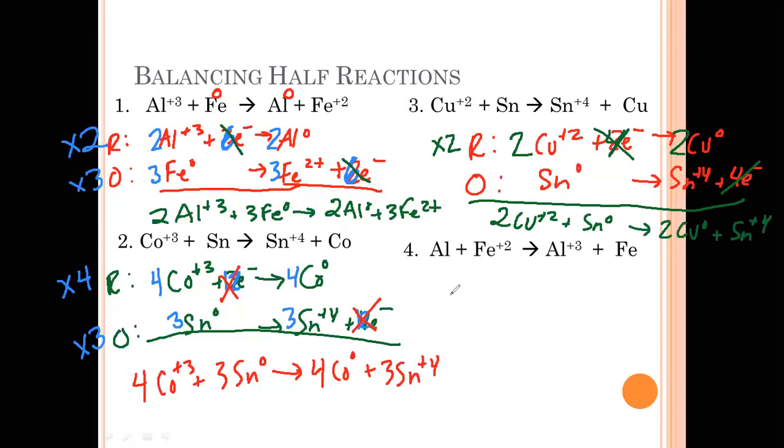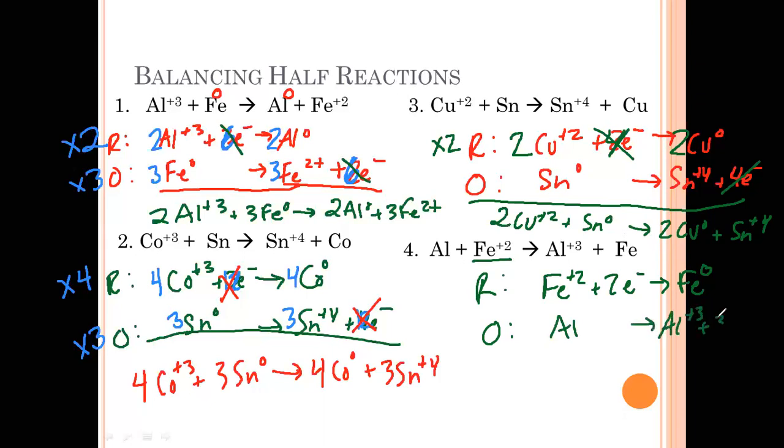All right, and then the last one, who gets reduced? Fe. So Fe2+ plus 2e- yields Fe0. Al gets oxidized, so Al yields Al3+ plus 3e-, and then anytime you have a 2 and a 3, you try to make 6, so I'm going to multiply the top one times 3.